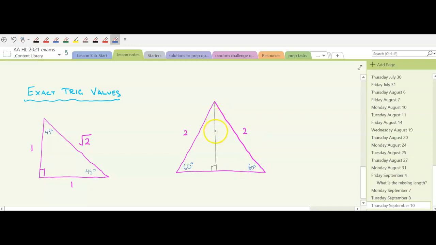And now, because I've got two congruent triangles, how can I prove it?